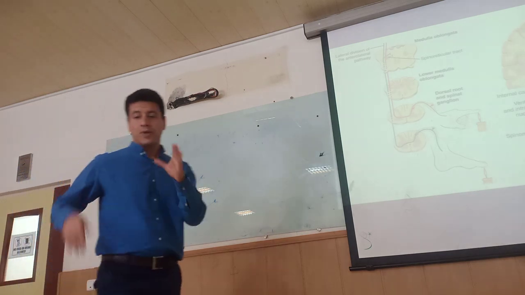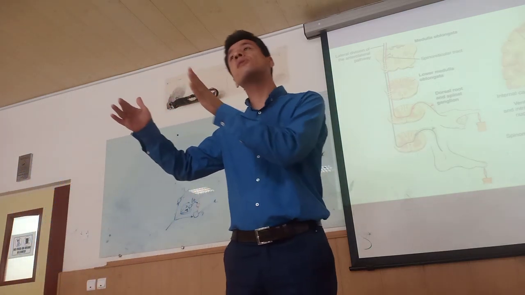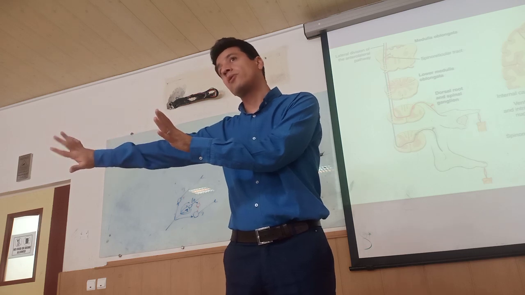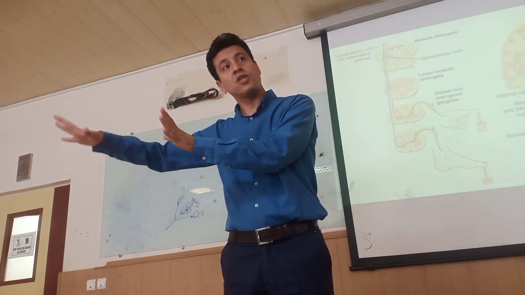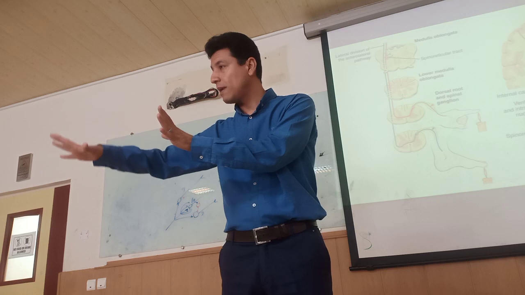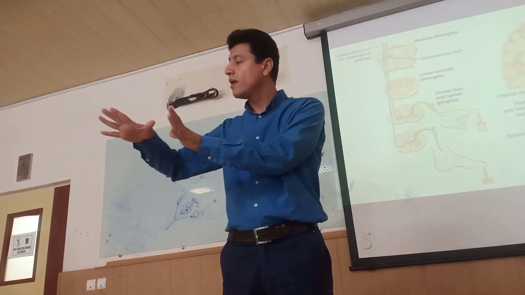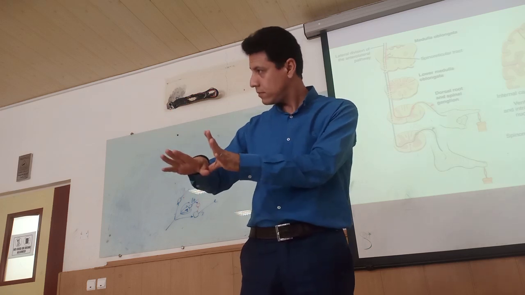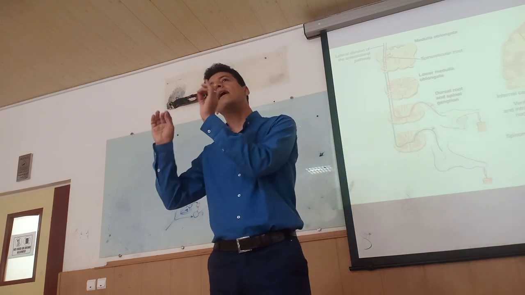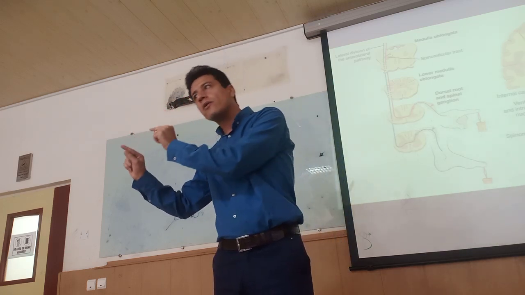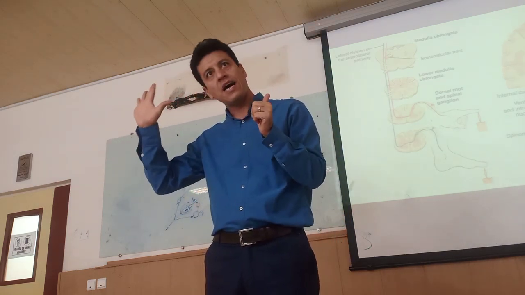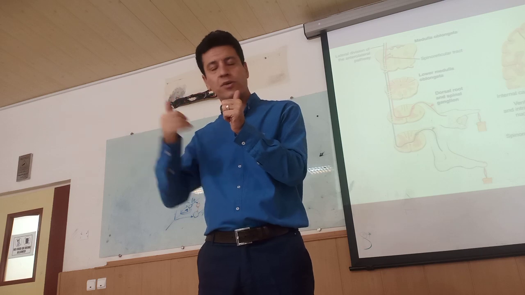Right? So we started with receptors. We have seen different types of receptors for touch, position, vibration, pressure. We have seen receptors for temperature and for pain, right? And I told you that A beta fibers carry signals from those specialized receptors, right?